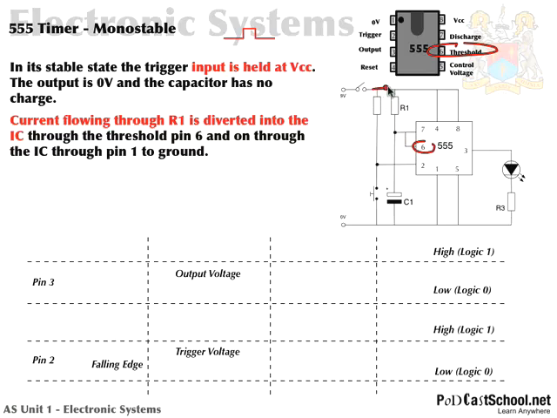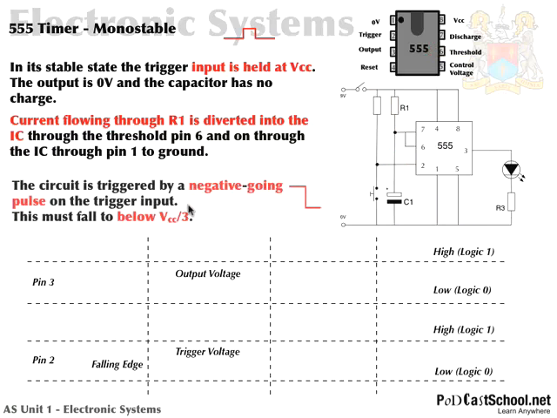So normally current would flow down through and in, so that this would be seen, current flowing down through here would see 6 as being a very low impedance, and it would be very favourable for it to enter at pin 6. Therefore, there's really no reason why it should charge the capacitor at that point. Okay, and then that current it finds its way on out through the IC and down to ground. Okay, down here.